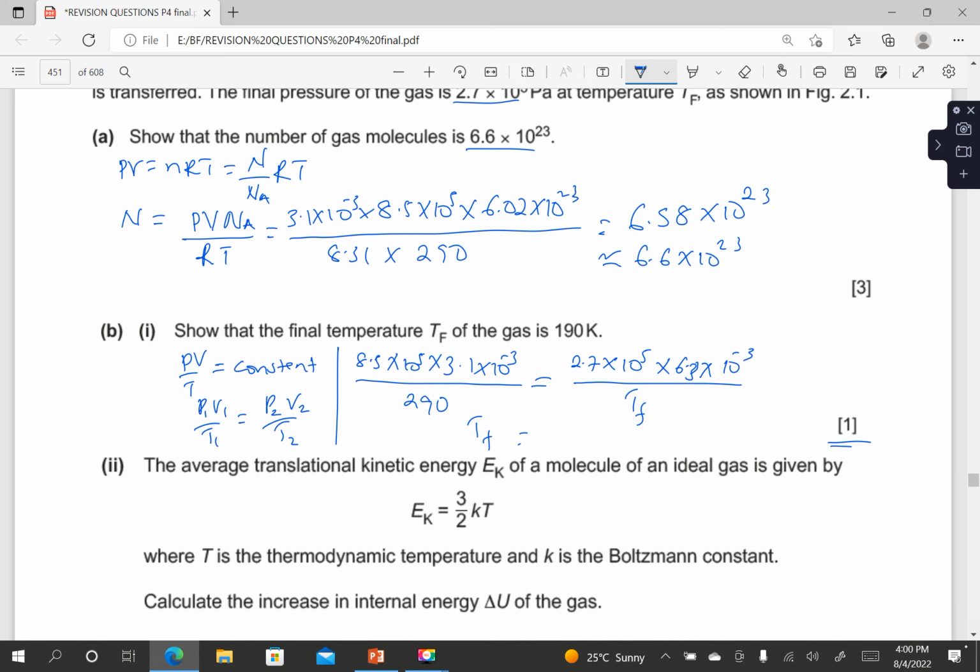So I am getting T final as 187.2, which is approximately 190 Kelvin to two significant figures.